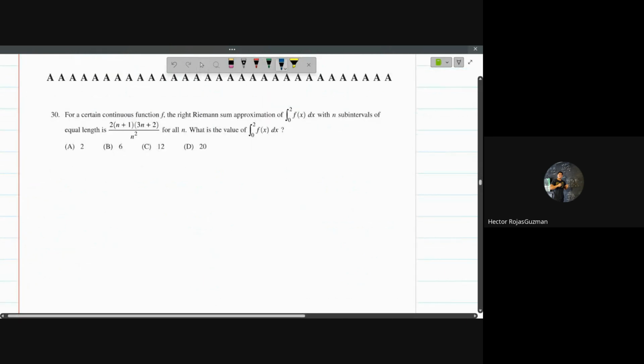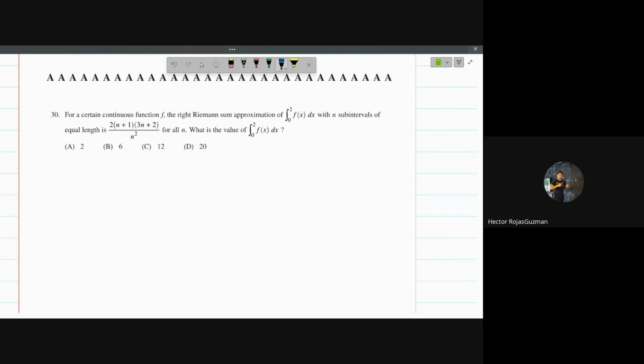For a certain continuous function f, the right Riemann sum approximation of the integral with n subintervals of equal length is given to that. What is the value of this?